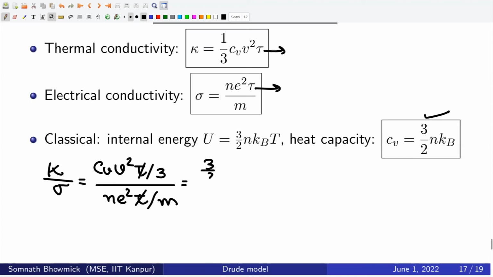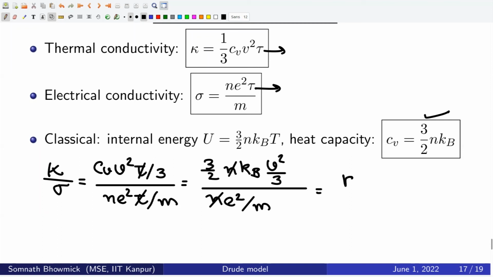So such that we get 3/2 n k_B, and we have v square by 3, and we have n E square by m. So then we can cancel n, and this turns out to be k_B by E square, half m v square.